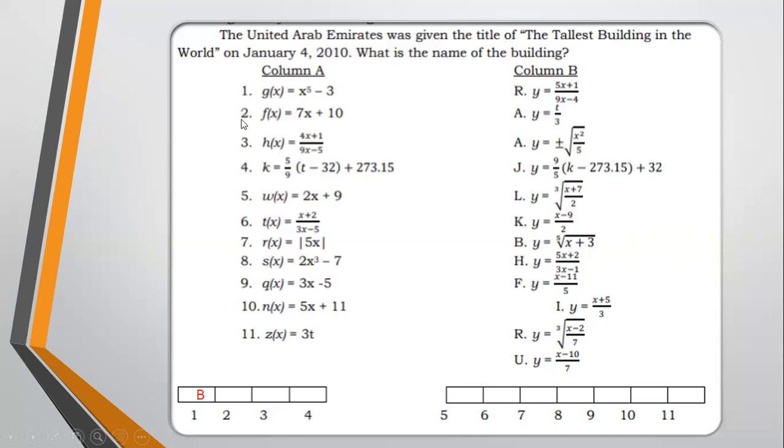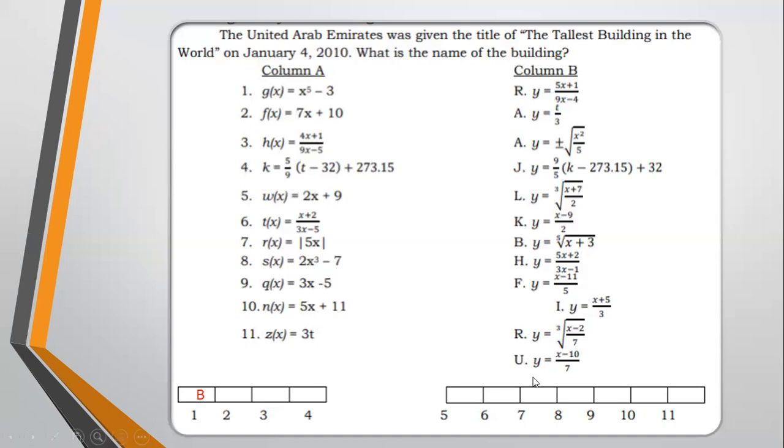Then for number 2, if in case your variable x has a numerical coefficient, not an exponent anymore, just like in the case of number 1. So if you have a numerical coefficient of x, to get the inverse of that, you need to put that in the denominator. So since we have here the 7, look for the inverse function with a denominator of 7.